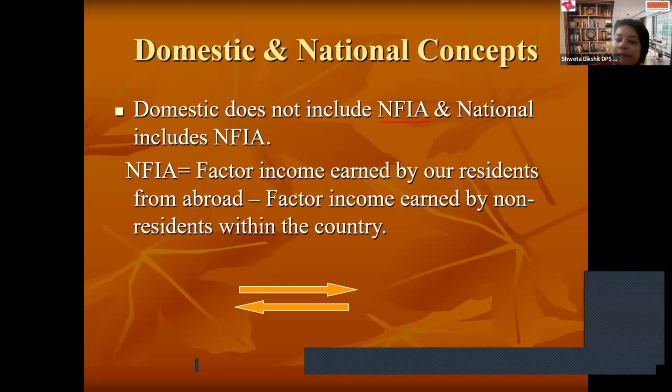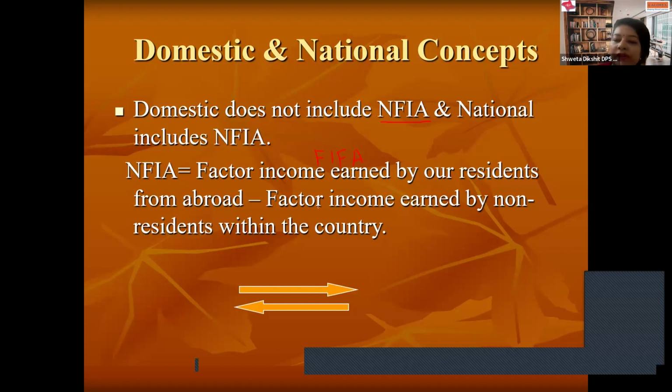To make it simple and easy to remember, because this complicated statement cannot remain in your brain when you're writing the exam, remember NFIA is equal to factor income from abroad, FIFA. I guide my students with FIFA, that is factor income from abroad, so it is easy to remember and easy to call as well.